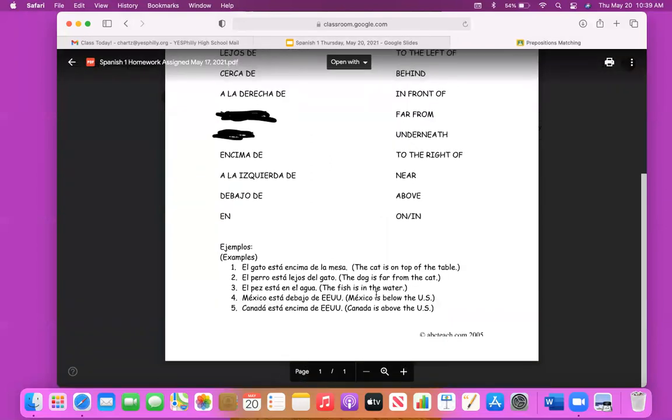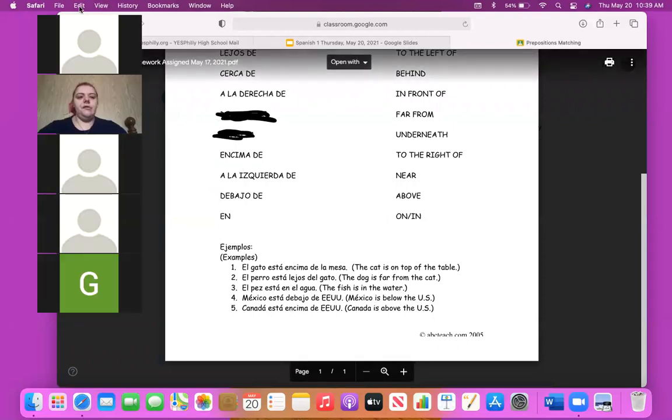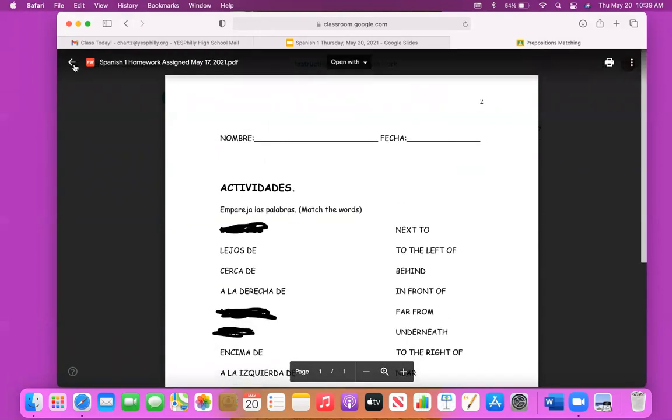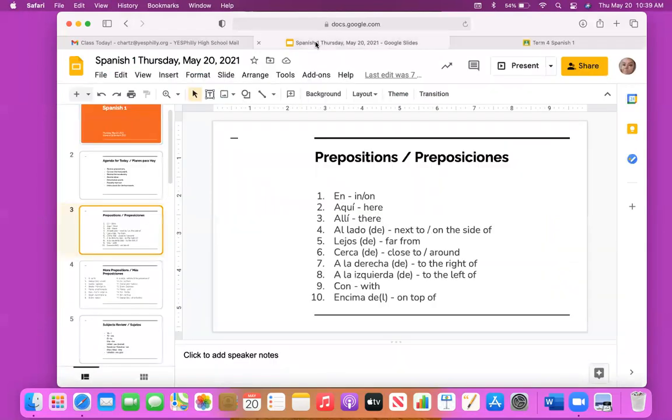And then that was all you had to do. And these were just some examples down here of sentences with prepositions. So that was just to get you familiar with the prepositions and how to use them. So does anybody have any questions or anything on the prepositions or the homework? Or is everybody kind of okay with that? Okay.